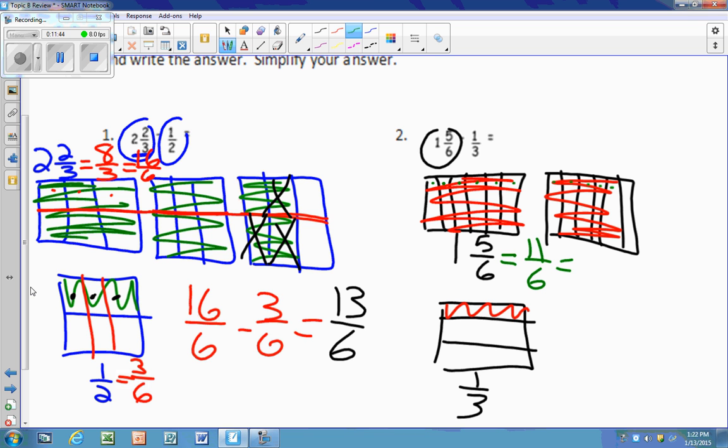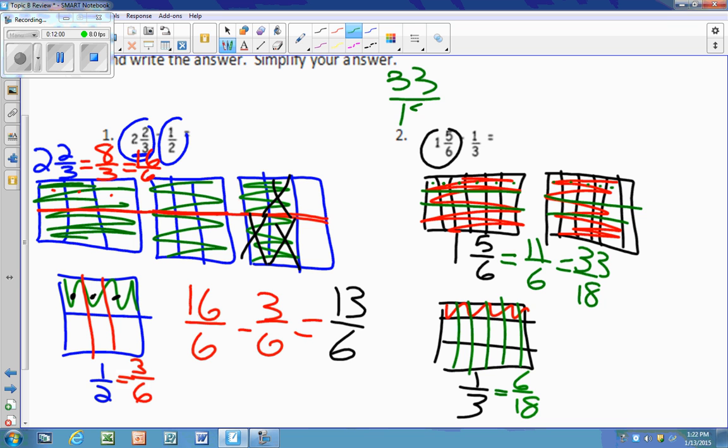And now we're going to put in the opposite direction, so we need sixths. And we need thirds. And when we see that, we're now making 18ths. And our new problem is 33/18 minus 6/18. So we're going to go over here. We have 1, 2, 3, 4, 5, 6.